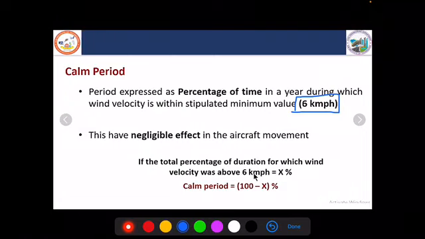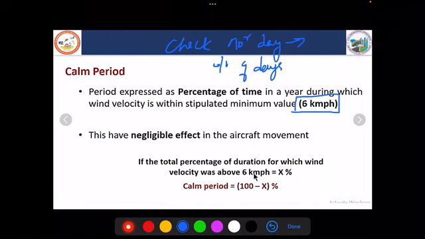So when we compute the Windrose diagram, we have to neglect those percentages where the intensity of the wind is less than 6 kmph. For that purpose, in a year, first check the number of days which have a calm period, and then calculate the percentage of days belonging to the calm period.